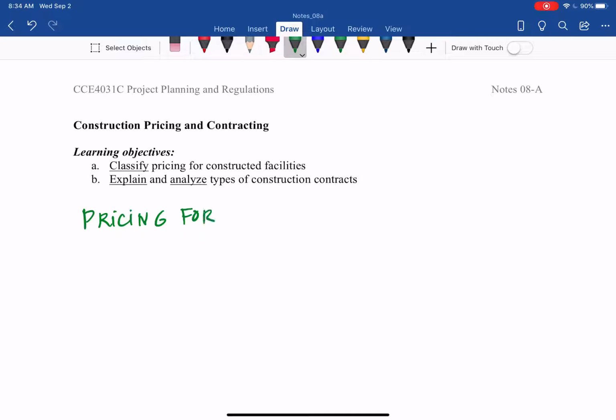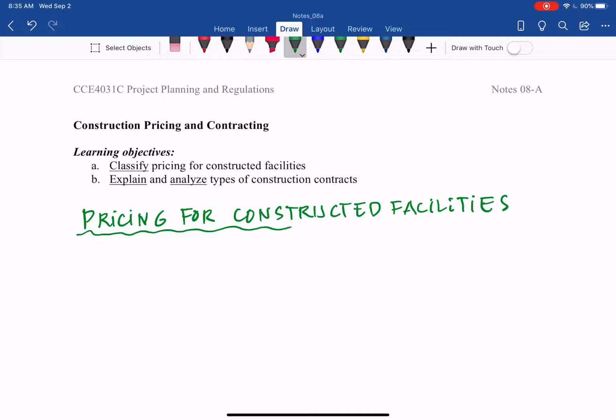For a facility, and when we say facility, it can be residential, commercial, institutional, heavy, all of that. So the first and the most dominant way to price is competitive bidding.